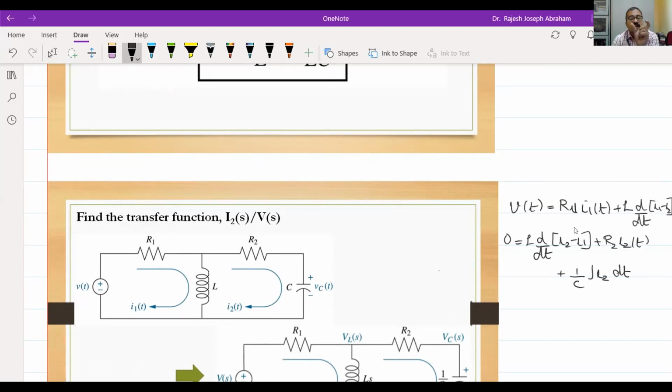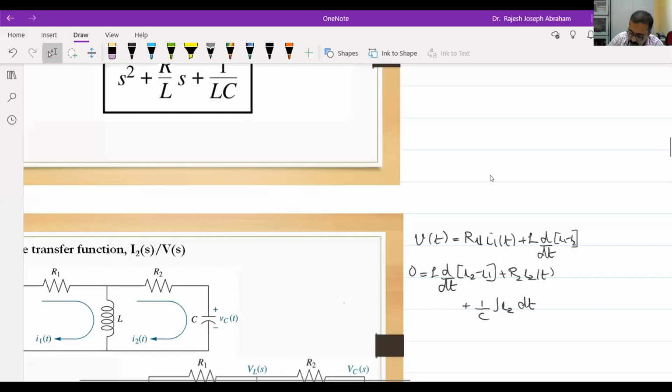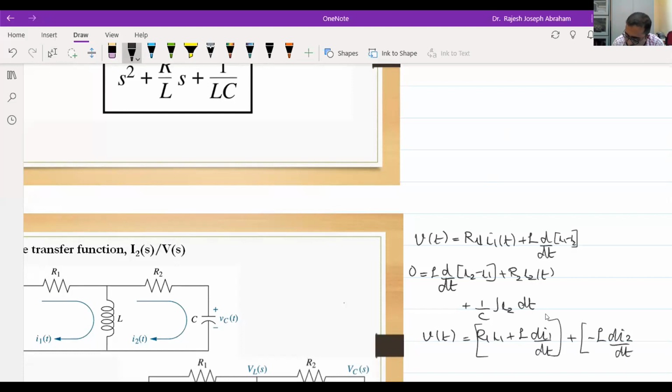Now we can club like terms together. That means you can group I1 terms together and I2 terms together. So this can be rearranged. V of t equals R1 I1 plus L di1 by dt; I have grouped I1 terms together, plus then the I2 term, which is minus L into di2 by dt.